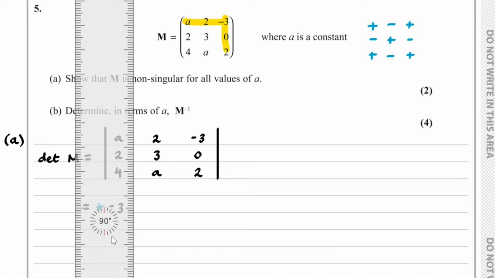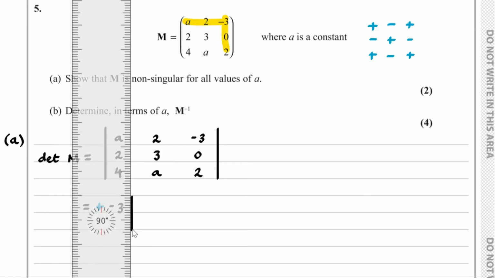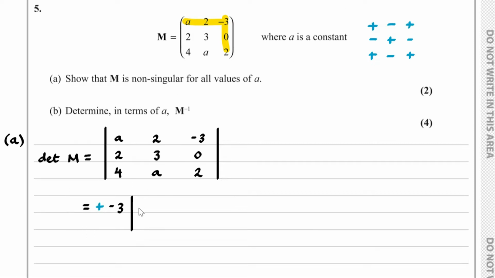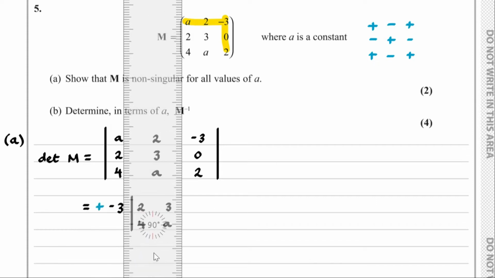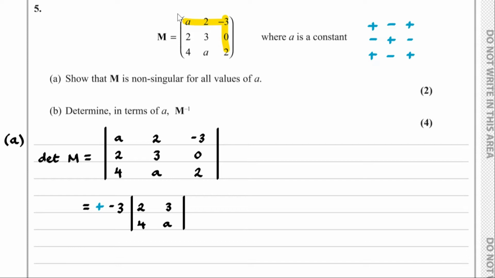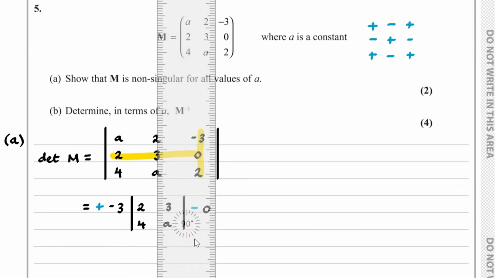So I've got 2, 3, 4, a, and then we've got negative 0, and then if I cover up this row and column, we take the determinant of what's left.